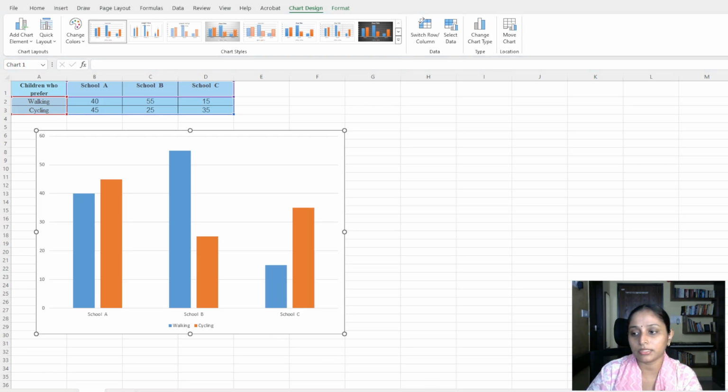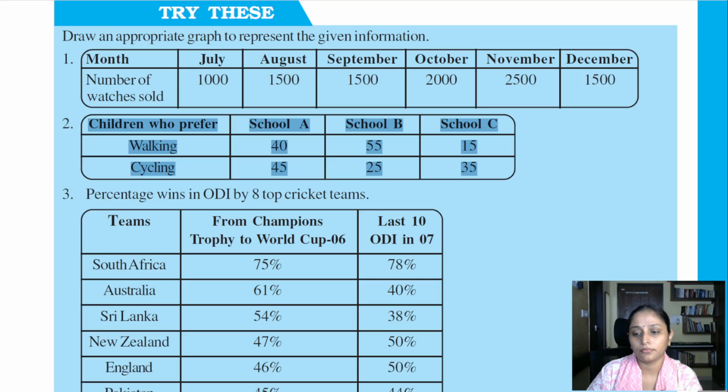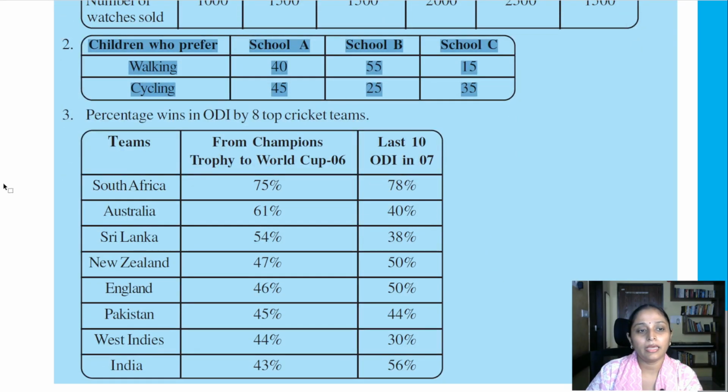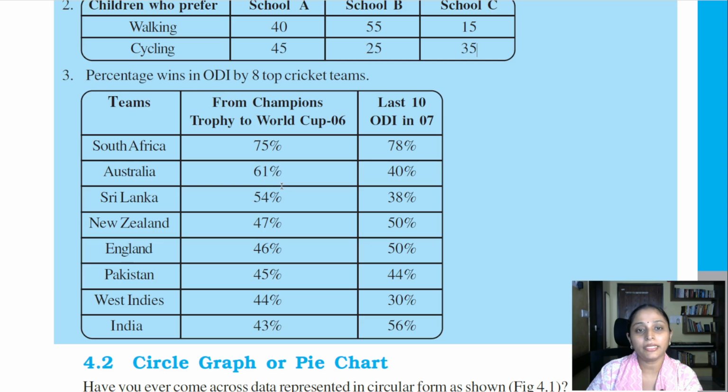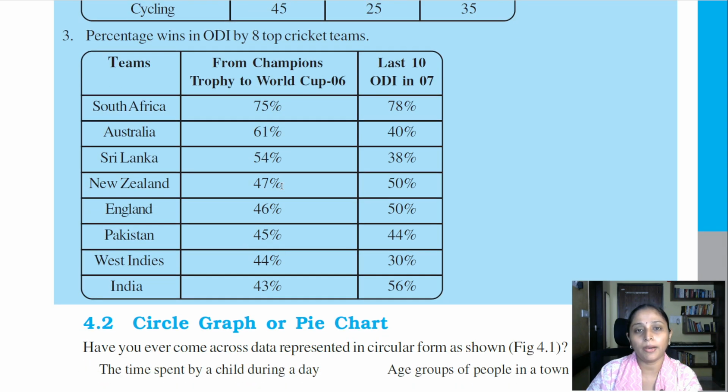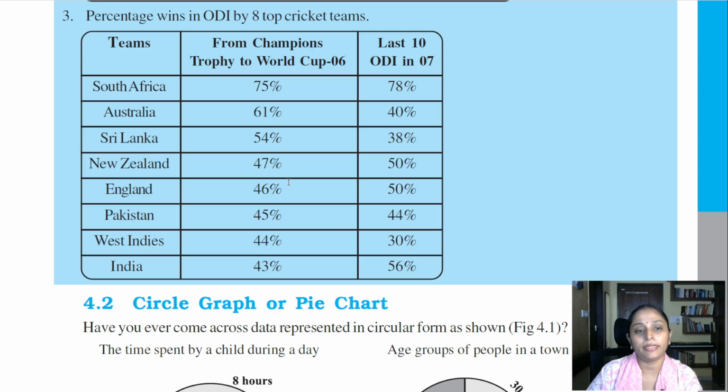Next, coming to the third sum, here they have given us percentage wins in ODI by top 8 cricket teams. Okay, so you have 8 different cricket teams and they have given the percentage wins in ODI. And there are two different columns they have. One is from Champions Trophy to World Cup in 2006 and last 10 ODI in 2007.